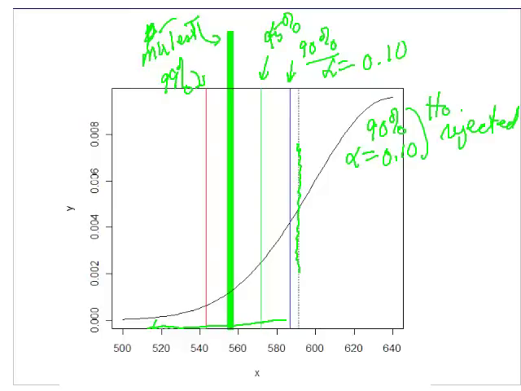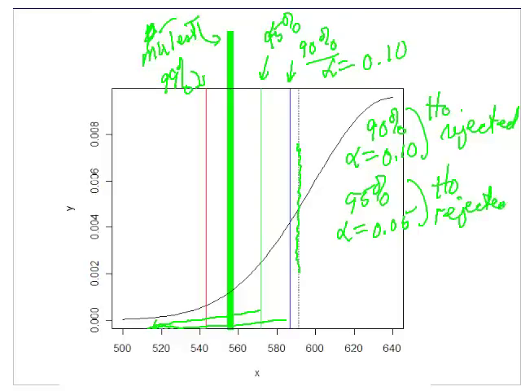Now if we look at the 95% confidence level, your alpha is 0.05 for this left tail test. Again, the test value lies in its critical region, so again the null hypothesis can be rejected, of course with a certain confidence level of 95%.